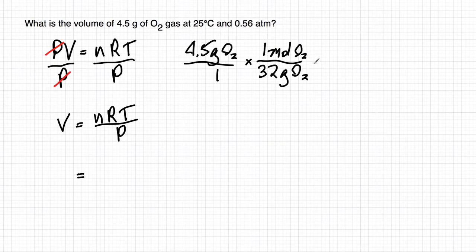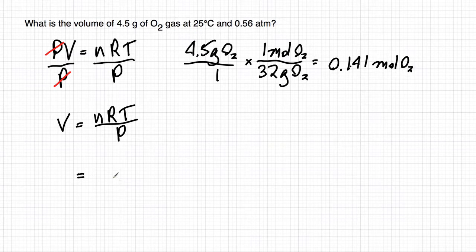And 32, again, that is the molar mass of oxygen, each of the oxygens being 16 grams. And my calculator tells me that I have a total of 0.141 moles of O2.